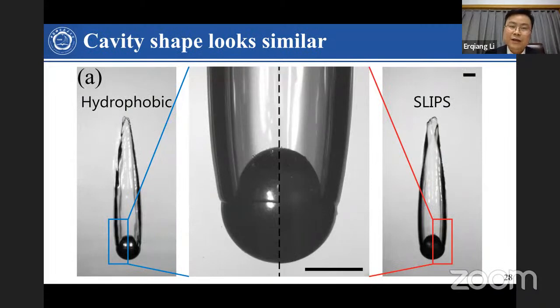Later, we also observed what the triple line looks like for these two configurations. Here is the hydrophobic sphere, and this one is the slippery sphere. If they can produce a cavity, there is essentially no difference in the configuration of the cavity and the triple line. It looks the same. That means the key change is during the lamella evolution at the very early stage. So that is the key.